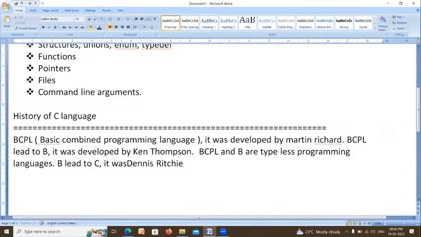It was developed by Dennis Ritchie in the year 1972 at AT&T Bell Laboratory. Bell Laboratory is a laboratory name.